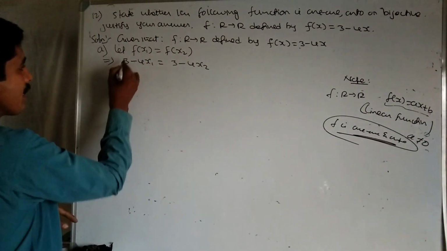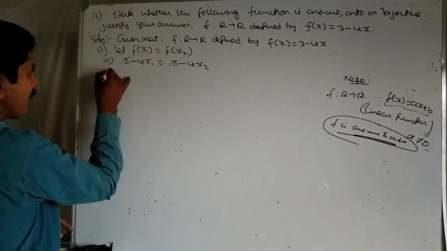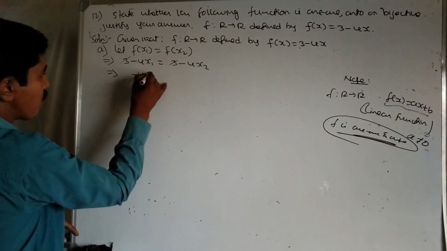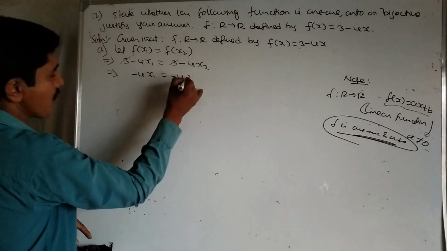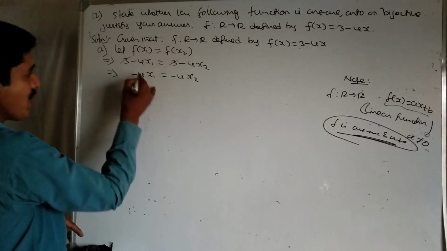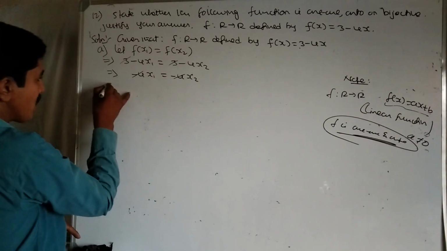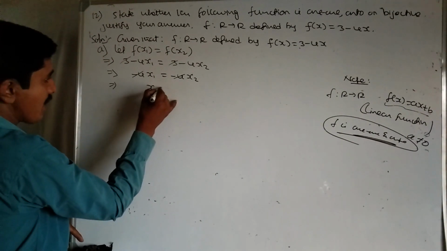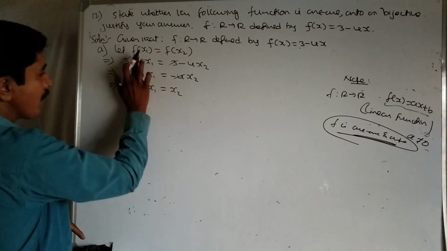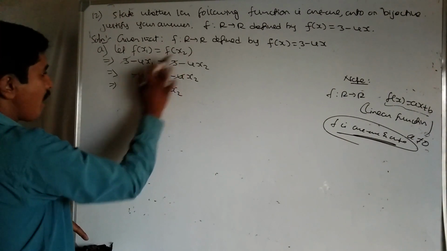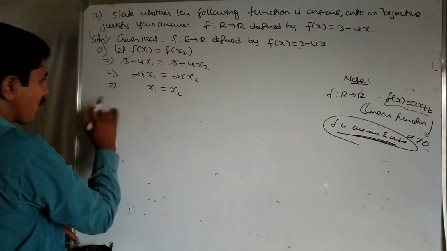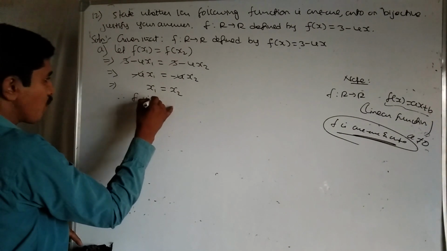Equating both sides, 3 gets cancelled, then minus 4x1 equal to minus 4x2. Dividing by minus 4 on both sides, x1 equal to x2. F of x1 equal to f of x2 implies x1 equal to x2, so clearly the function is 1-1.